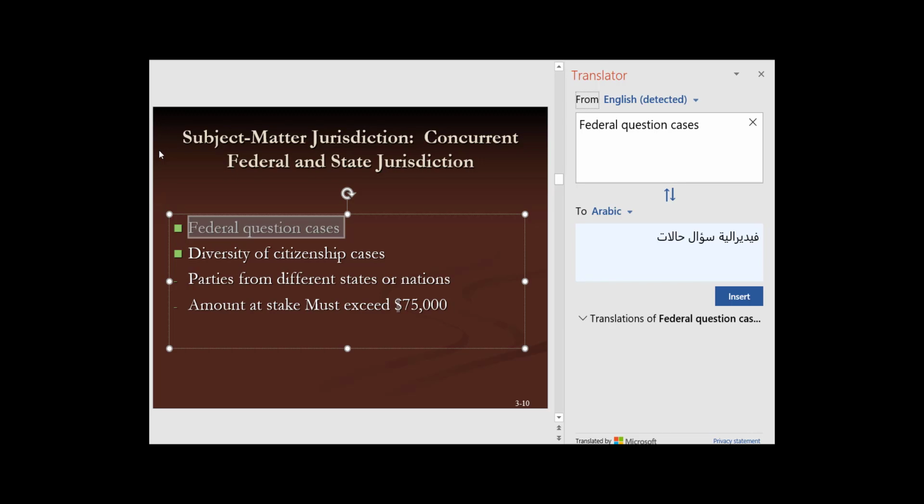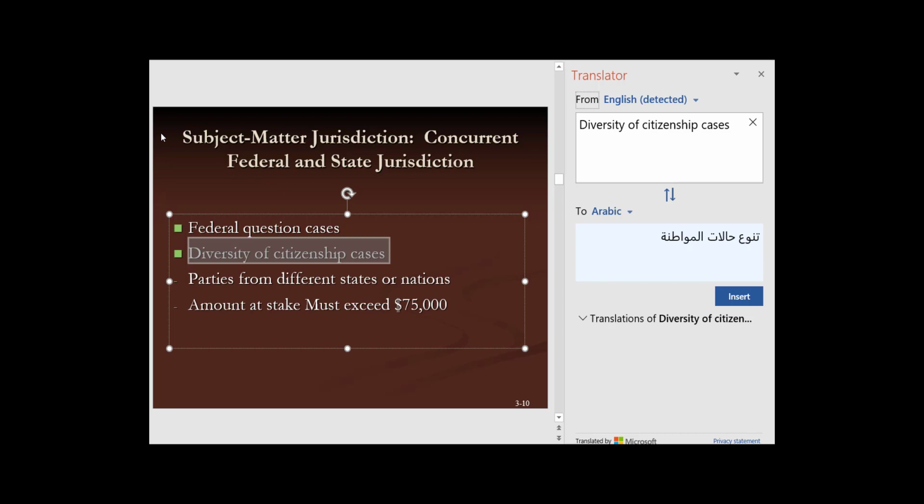And the reason you can get into federal court is because you are from another country. You're the plaintiff. You come from a different state or different nation, and you're suing someone who's in California, a resident in California.